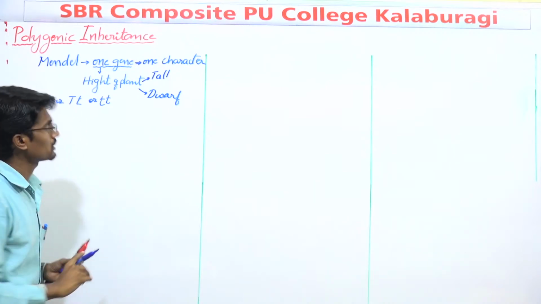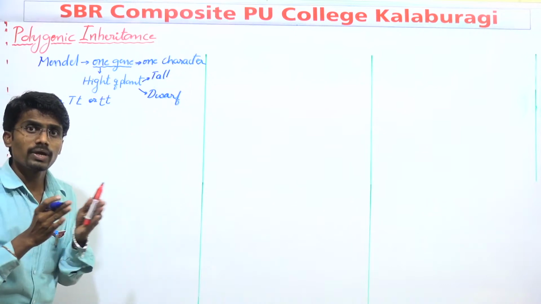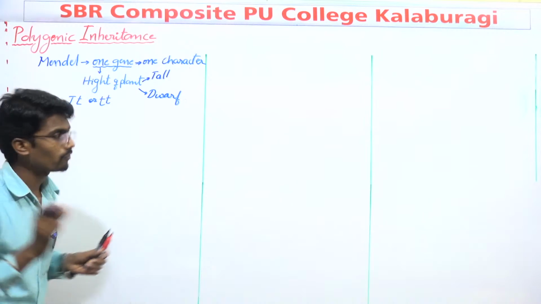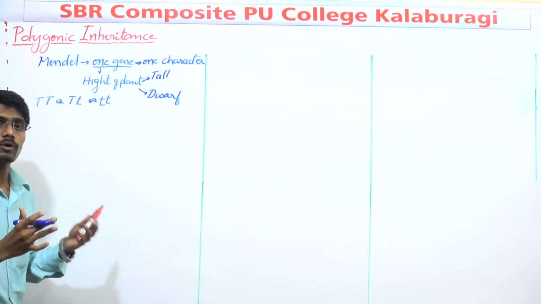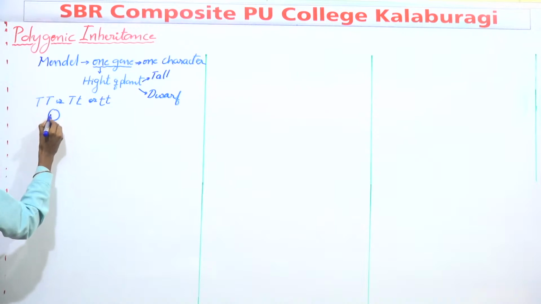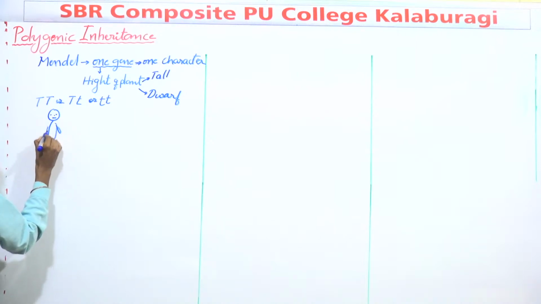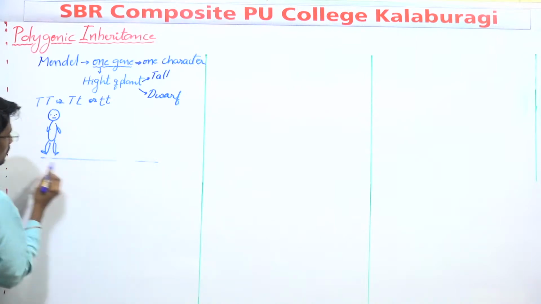The question is, in between the tall and dwarf, there is a variation in the height. For this, we can take the example of human height. There is a man, his height is what? Tall.